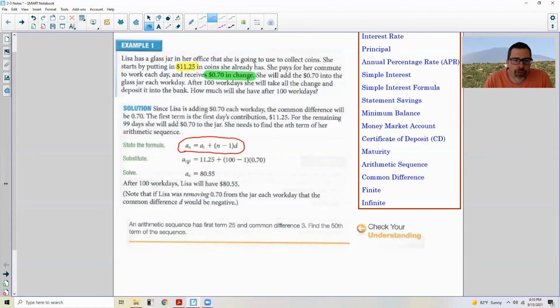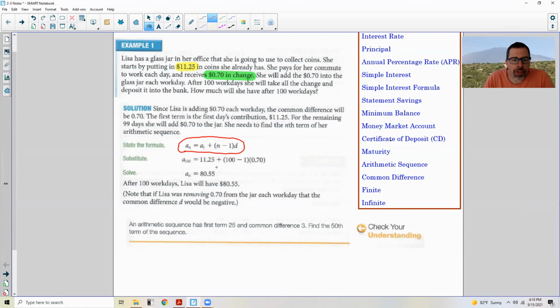So since we're looking for the 100th day, n is 100. Since she has $11.25 in change, that is our starting amount. So that is her first day's contribution, plus 100 minus 1, n minus 1, since n is 100, times 0.70, the common difference of 70 cents per day.